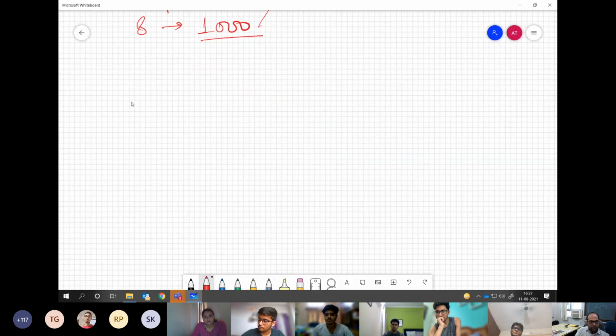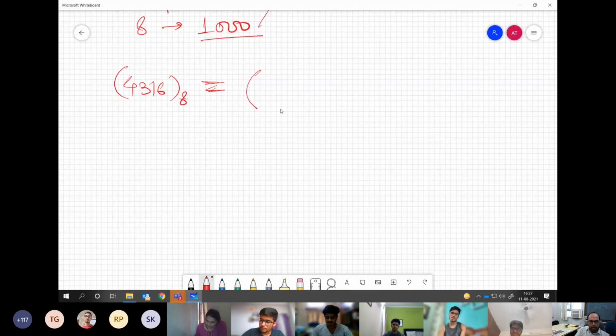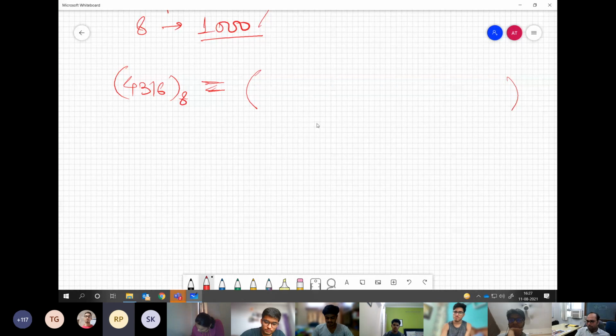So let's say I have the same number what we took yesterday, 4316. Now in octal, how would you convert it to binary? Each digit corresponds to 3 binary bits.